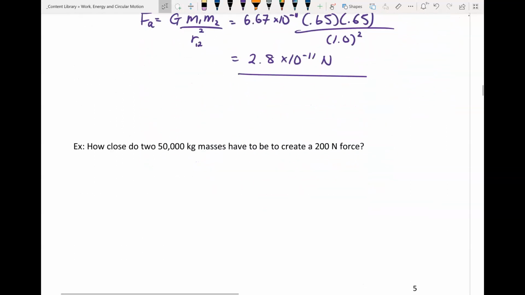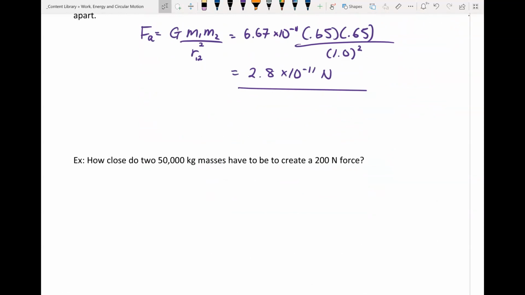Let's try a different question. This time we're given the force of attraction, and we know the two masses. So we're trying to find the distance between those two masses because it's asking about how close they are. In this case, we know what M1 and M2 are, which is 50,000 kilograms.